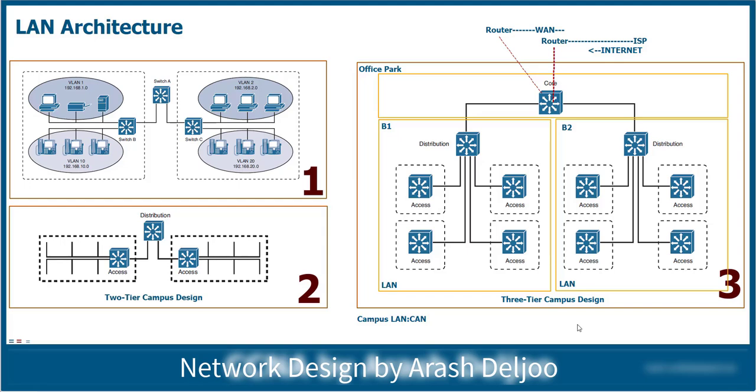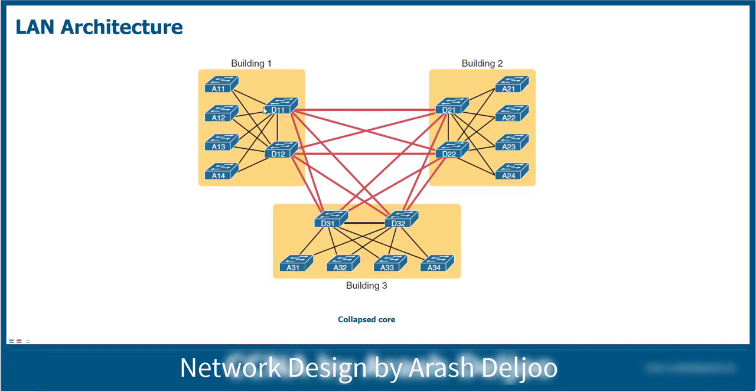But let me give you a little more information about, for example, the design of one LAN. In this picture, you can see three buildings, building 1, building 2, and building 3. And in each building we have, for example, one or two distribution layer switches. This is distribution layer 1, distribution 2.